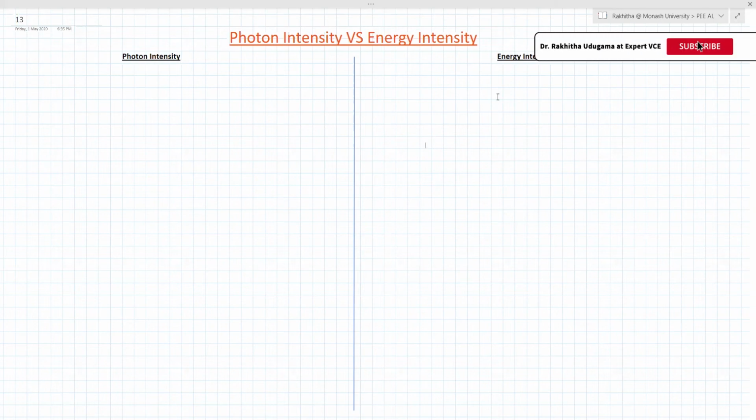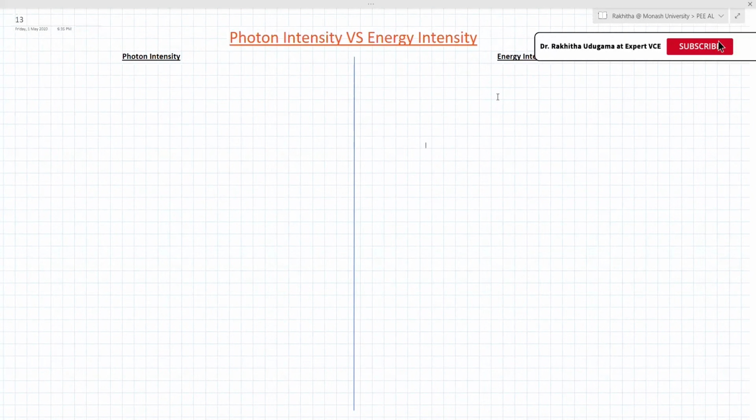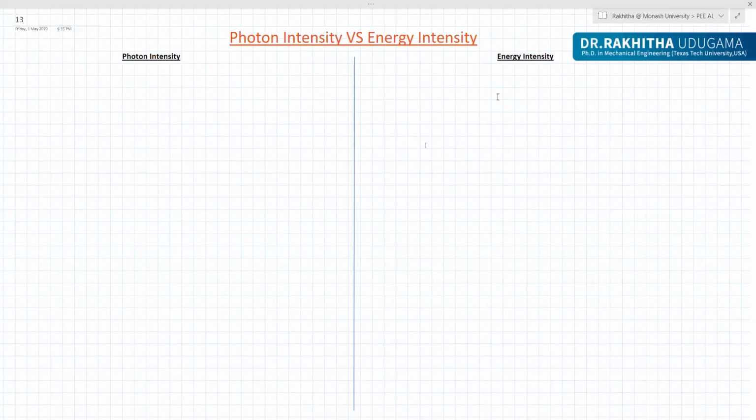Typically the word intensity is used for photon intensity, or the number of rays incident on a plate. But recently I have seen they have given energy intensity. Sometimes you might mistakenly take it as photon intensity, right? So I'm going to discuss the difference between photon and energy intensities here.